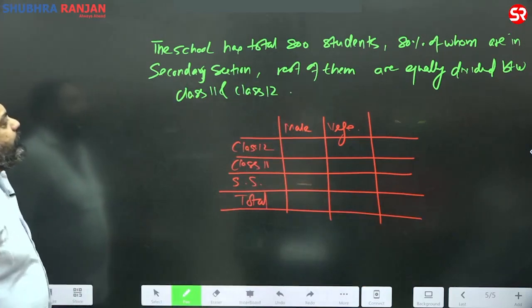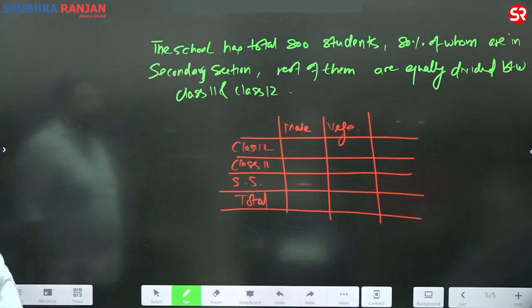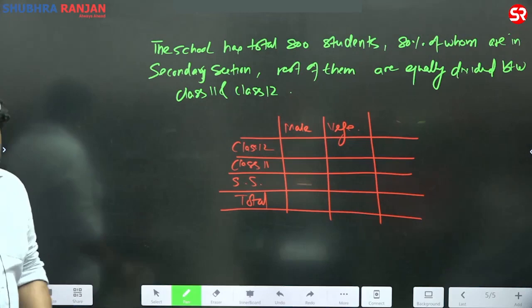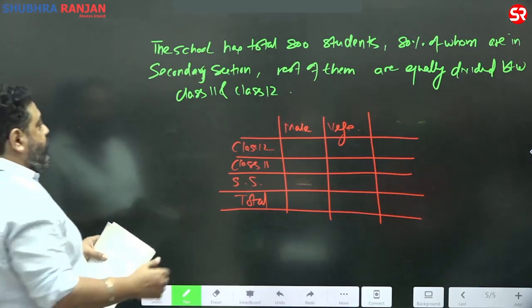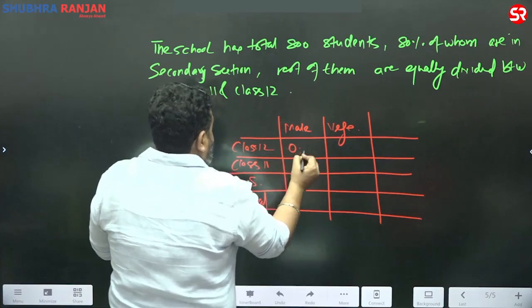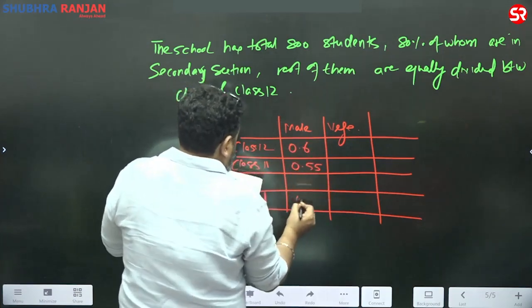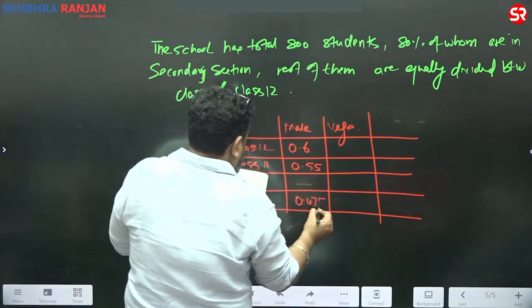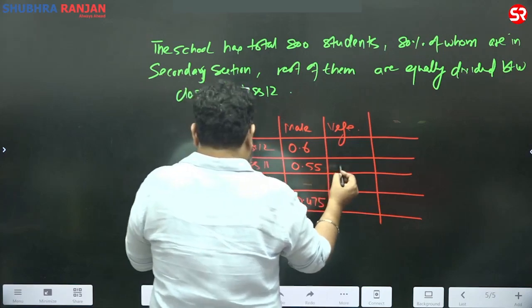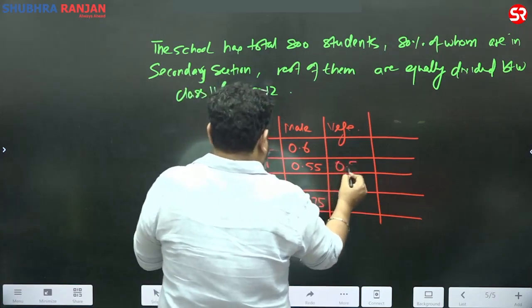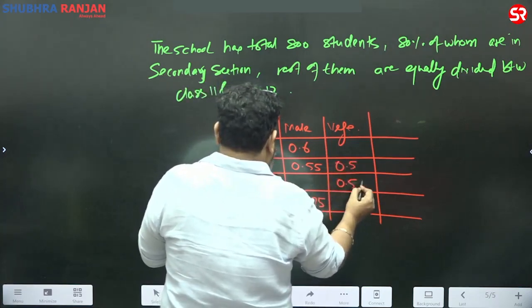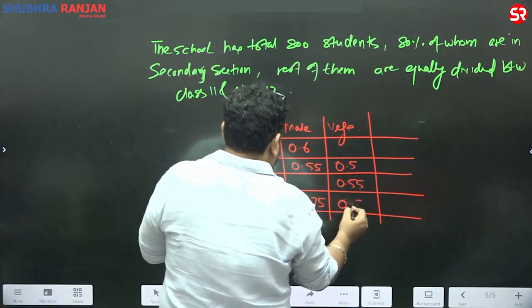The school has a total of 800 students, 80% of whom are in secondary section. Rest of them are equally divided between class 11 and class 12. The values are 0.6, 0.55, 0.475, and 0.5, 0.55, 0.53.